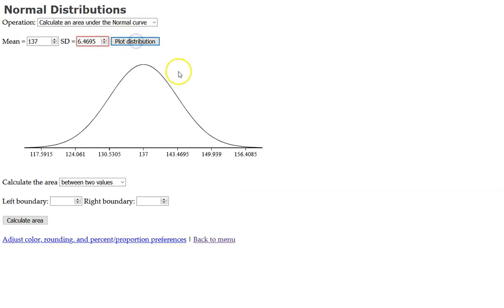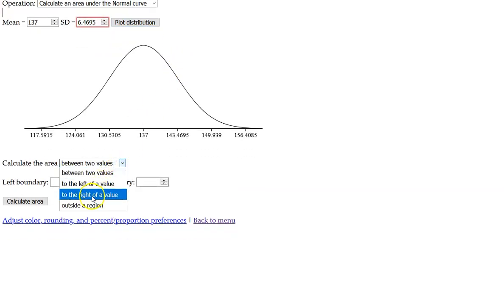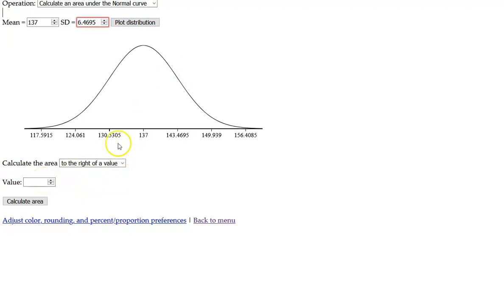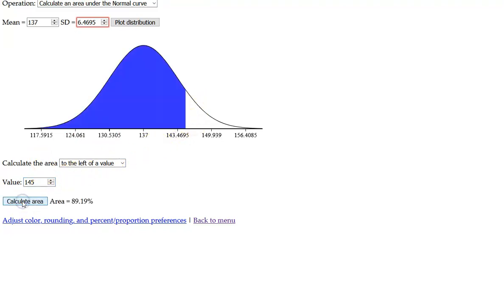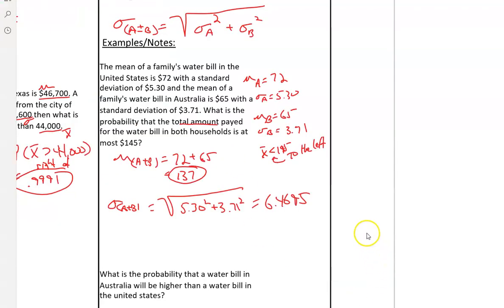So I'll plot it. And I want to know the chances that it's to the left of, less than 145. And 145 is bigger than average, so most of them should be less than 145. I should get a decently big number, and I do, 89.19%. So P that X is less than 145 is 89.19%, or 0.8919.